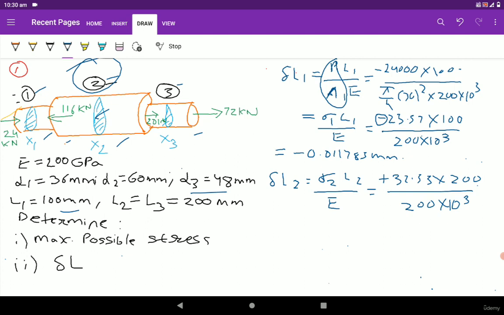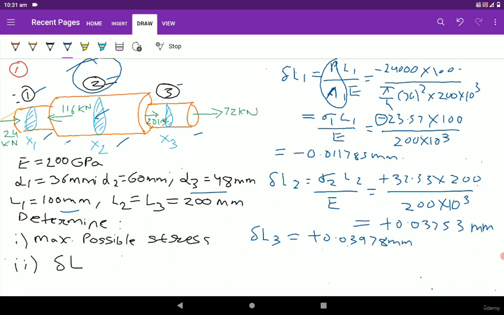After calculating, we get the change in length across section 2 as positive 0.03253. Similarly for delta L3, we get the change in length as plus 0.03978 millimeter.